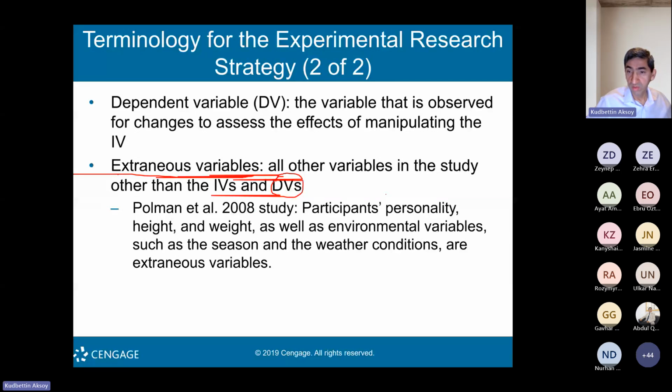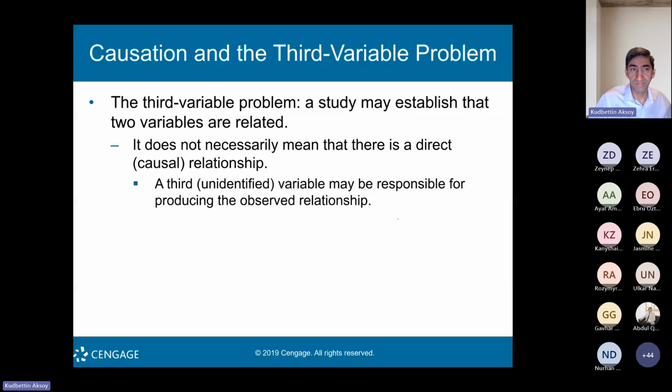So participants' personality. Some people are calm, even if they play violent video games. You will see very little change. Some people have a temper. Their height, their weight, environmental variables, season, whether it's summer or not, all of these are variables of interest. We want to think about it. We want to talk about it. If any of these variables has huge importance, then it becomes a problem. Then we have to talk about how we control for that.